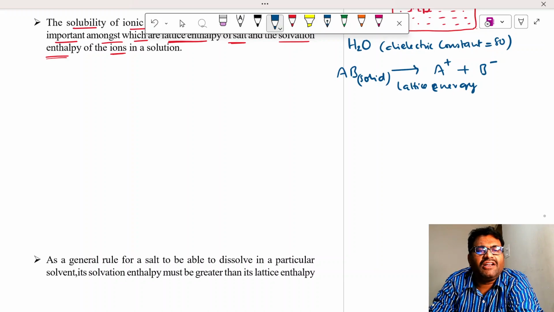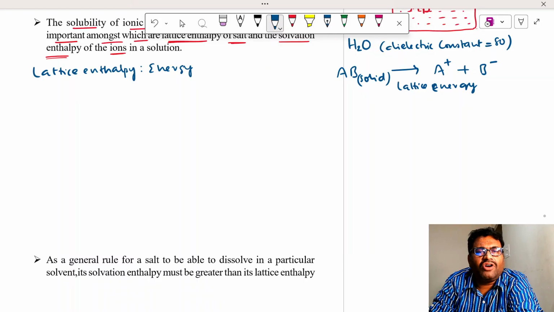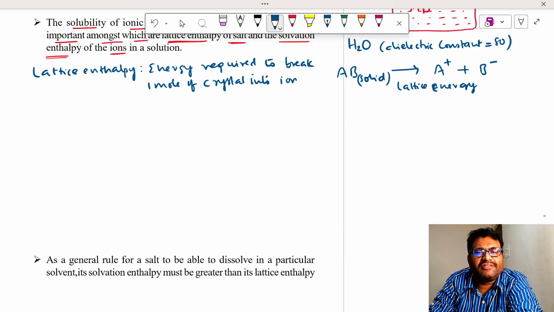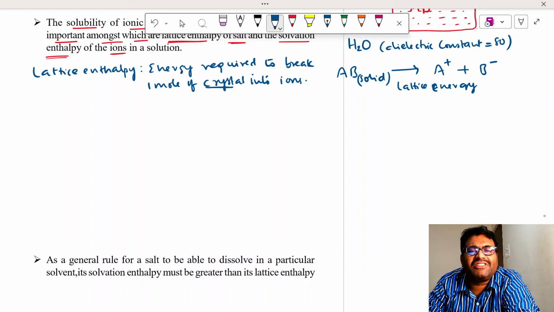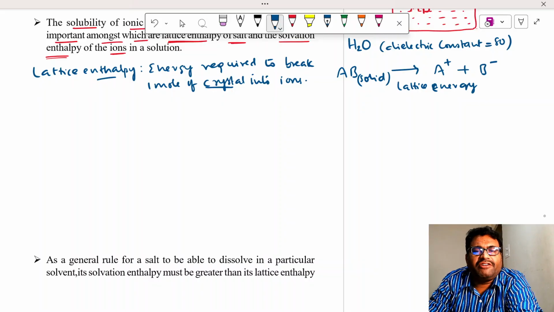What is lattice enthalpy? It is the energy, or change in energy, required to break 1 mole of crystal into ions. Crystal here means ionic solid. Enthalpy is always calculated for 1 mole.